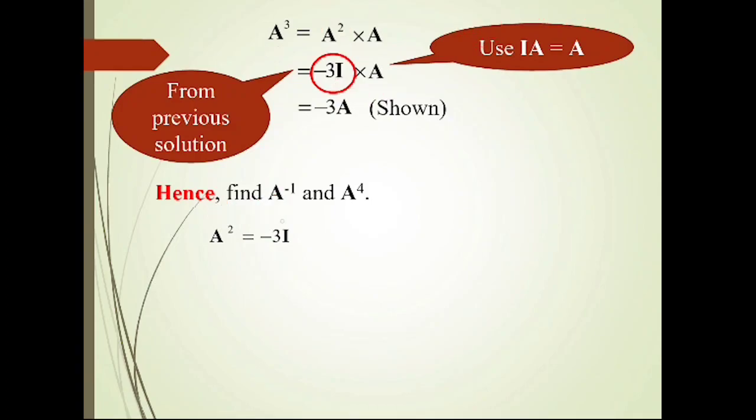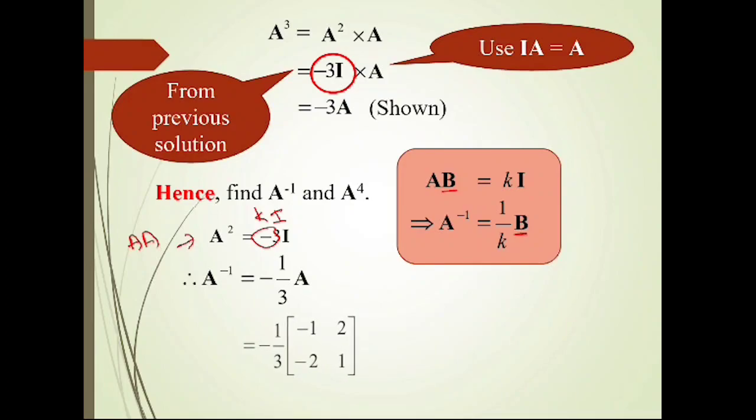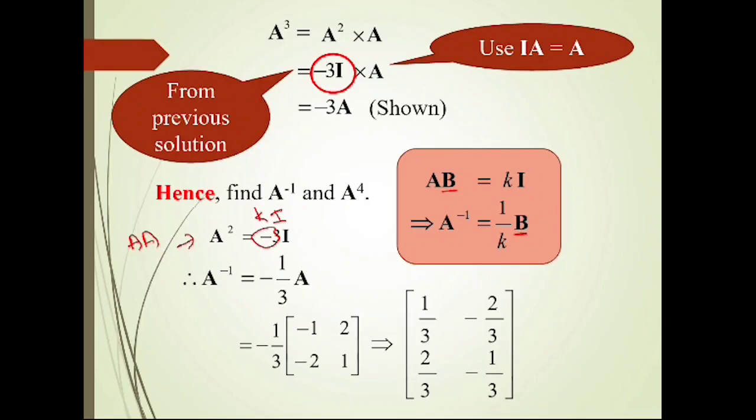Once you see the identity matrix is there and there's a scalar, we can simply use the formula A inverse equal to 1 over K times B. So our K now is negative 3, and then our B is not B, but it's A, since this is A multiplied with A. So A inverse is equal to negative 1 over 3 multiplied with matrix A. Substitute your matrix A there, and then multiply with your scalar negative 1 over 3.